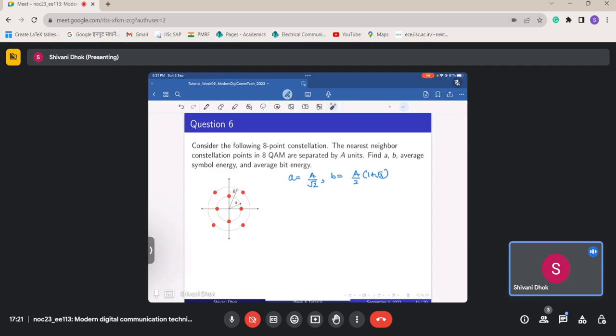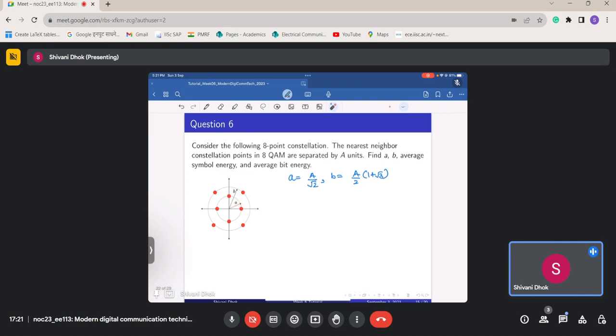We have seen that the energy of any PSK constellation point is equal to the square of its radius.